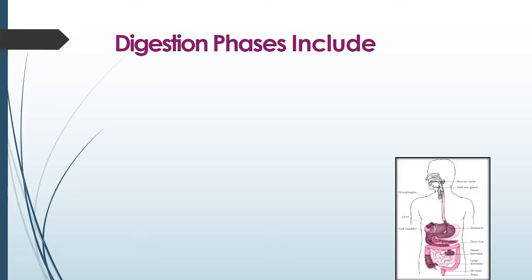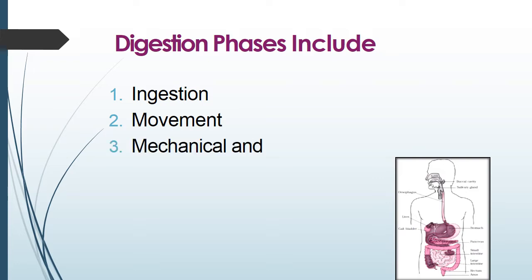You see, in human beings, nutrition involves the following steps. The steps are ingestion, then digestion, then absorption, then assimilation and egestion.